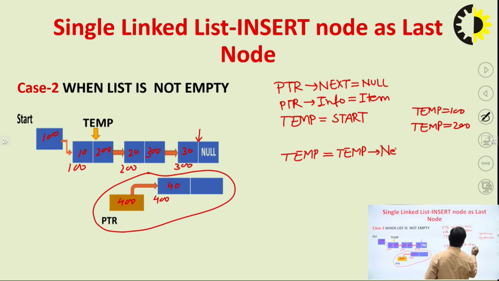This statement temp equals to temp arrow next will be repeated till temp contains the address of the last node. Now temp contains 100, then temp contains 200. As soon as temp contains the address of the last node, that means 300, we have to stop updating the temp pointer. So where do we have to stop?